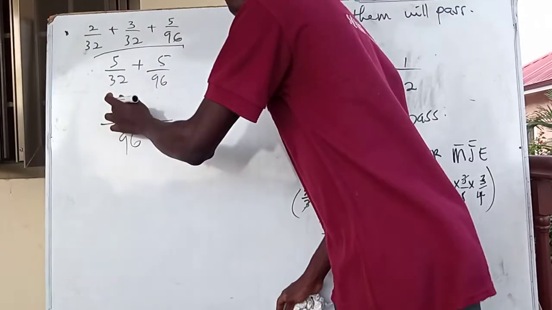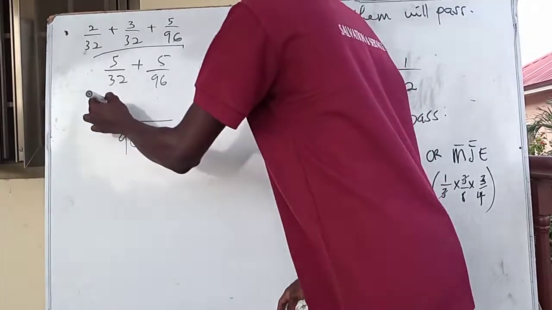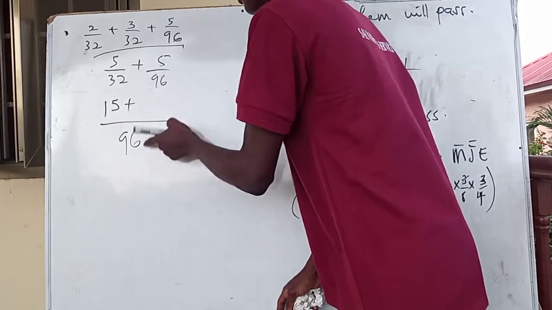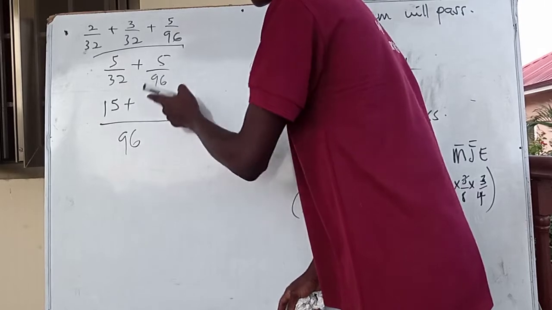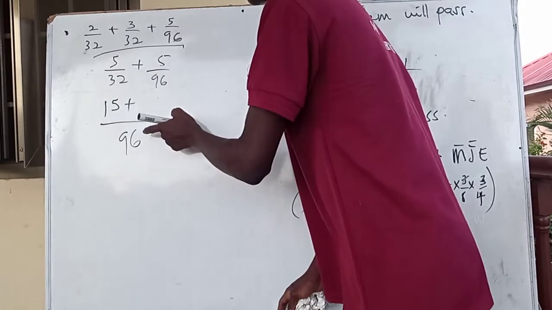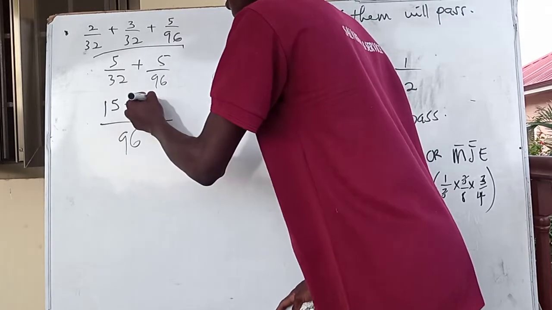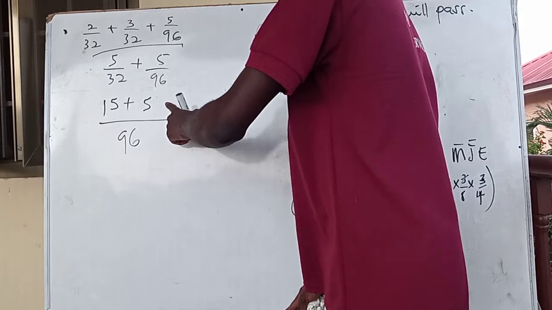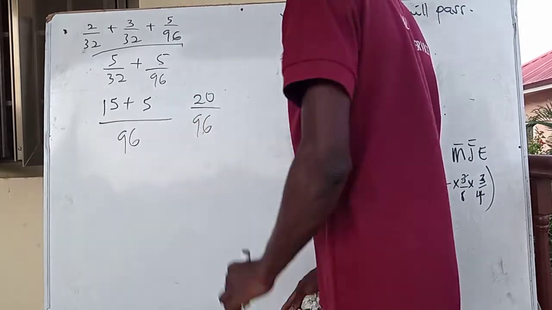Then 3 times 5 is 15. Plus 96 divided by 96 is 1. So 1 times 5 is 5. So 15 plus 5 is 20 over 96.